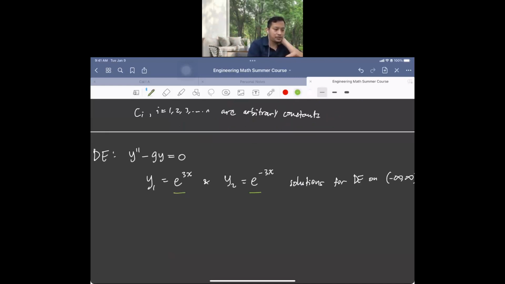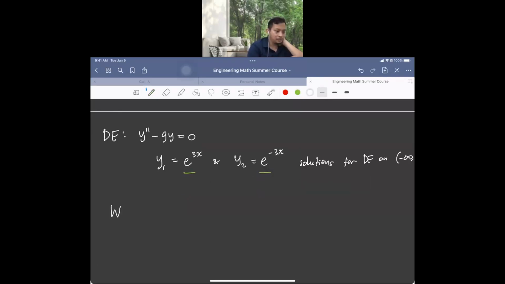So if we inspect the solutions, we are going to check using the Wronskian. How to use the Wronskian is basically write down the solutions here, y1, y2, it's only two solutions here, and then the next part is writing the derivatives.